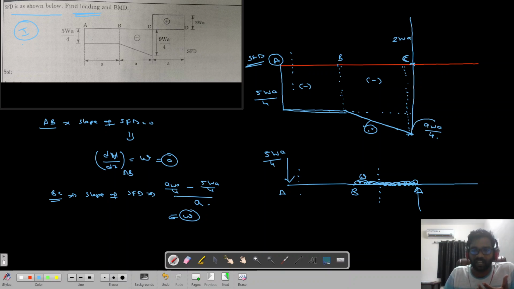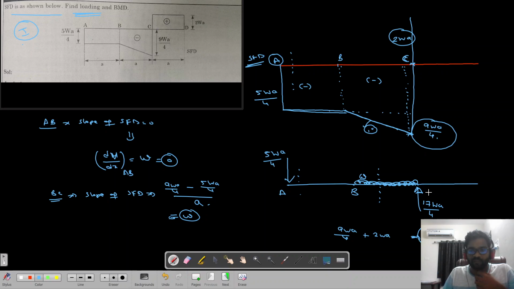Here the rise was from minus 9WA by 4 to 2WA. This means this point load will be equal to 9WA by 4 plus 2WA, which is 17WA by 4. So this point load will be equal to 17WA by 4.